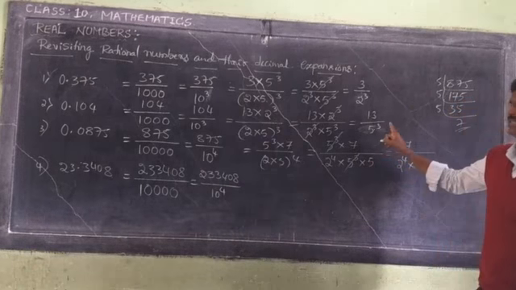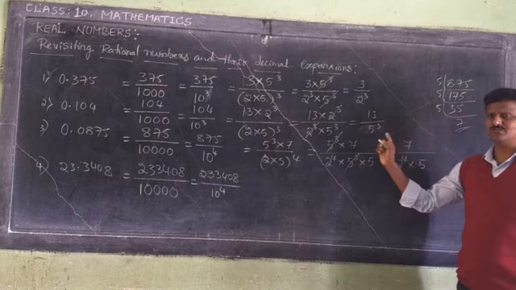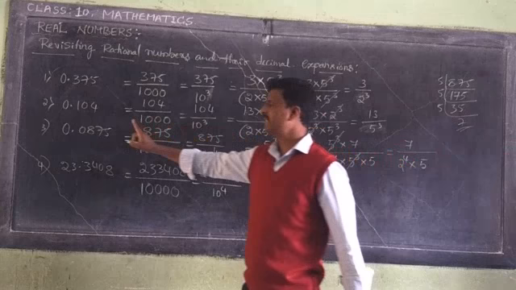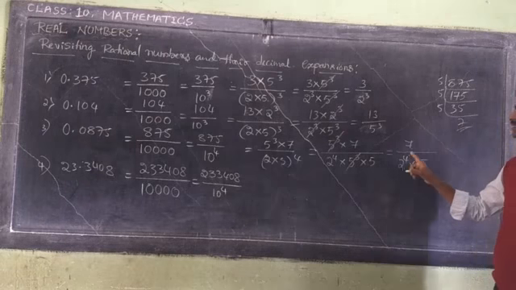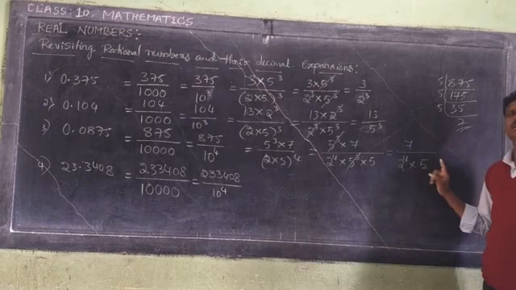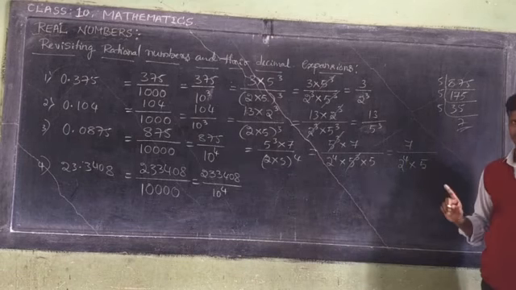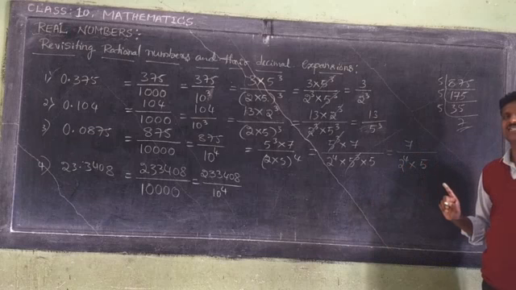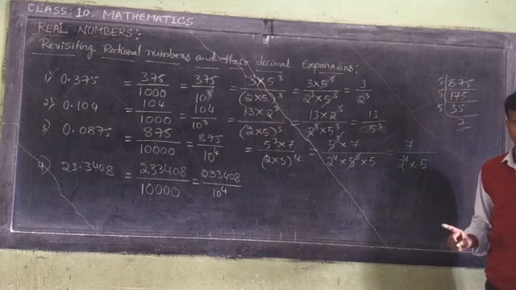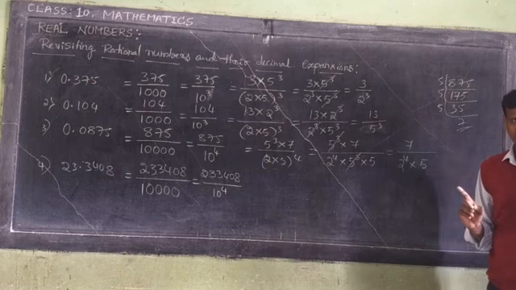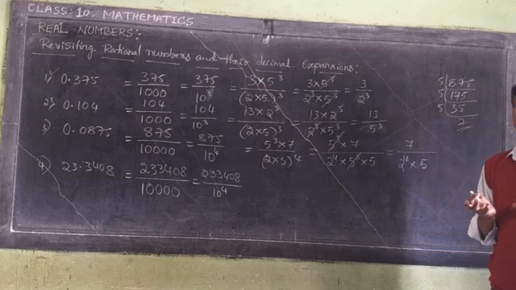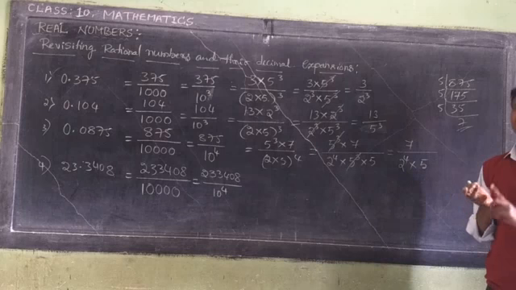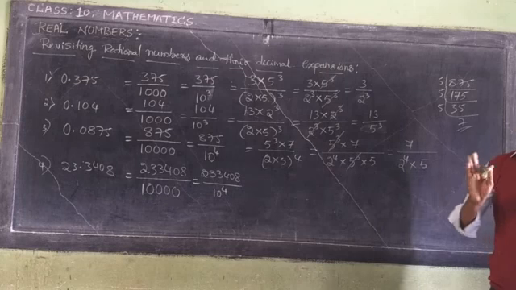Here the denominator is in the power of 5. This is also a terminating decimal expansion. Here the denominator is in the power of 2 as well as in the power of 5. We clearly understand the concept. Any terminating decimal expansion is either in the power of 2, or in the power of 5, or in the power of both 2 and 5.